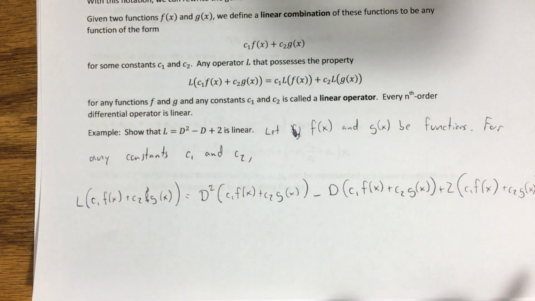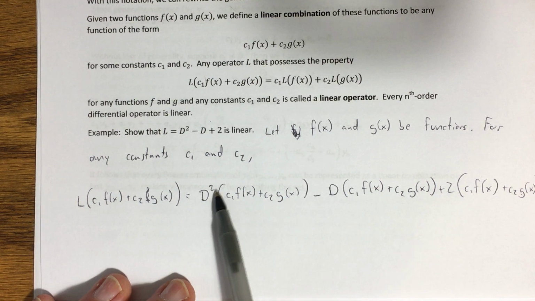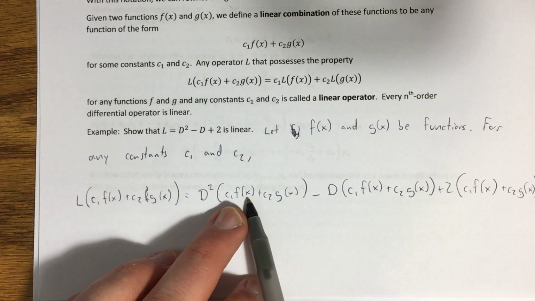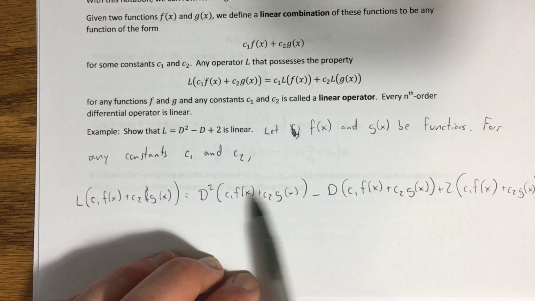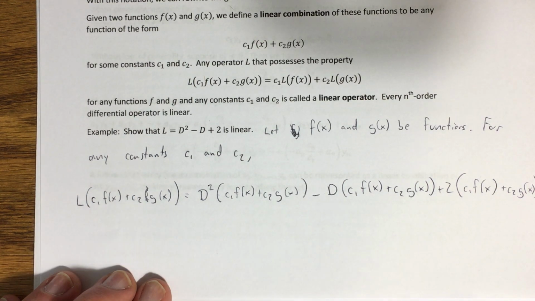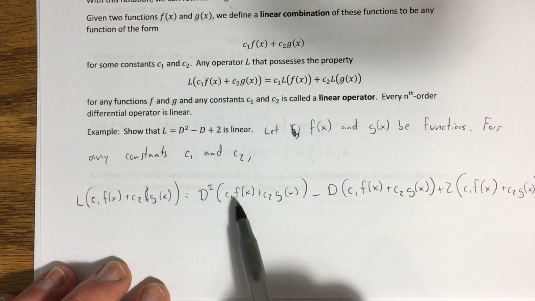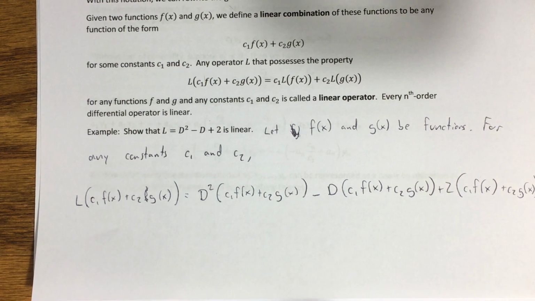Okay, now we know that the derivative has this linearity property. In other words, a derivative or any nth order derivative of a sum of functions is equal to the sum of their derivatives. And we also have that scalar multiple property that says that an nth order derivative of a constant times a function is just the constant times the nth derivative of that function.